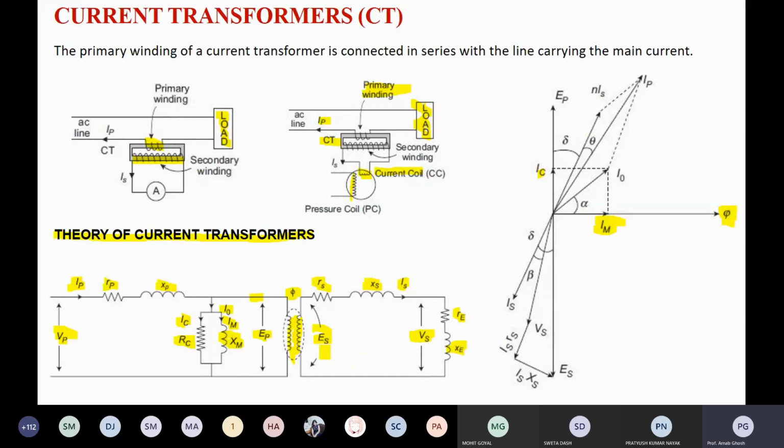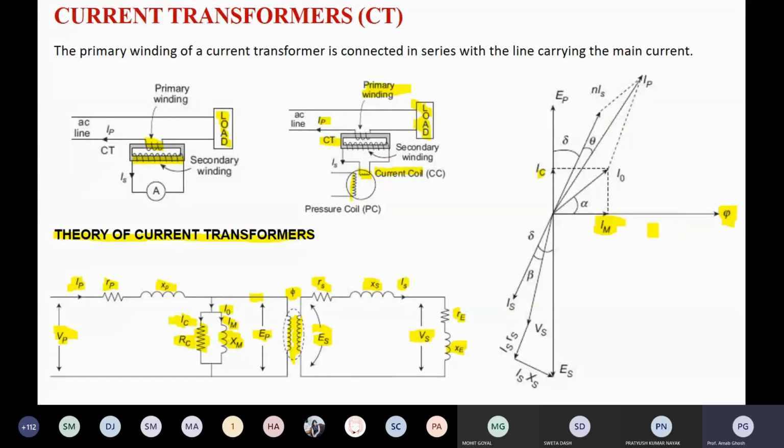If IM is in phase with your phi, so all of you please mute your microphone. Then definitely IC will be 90 degrees leading with your IM. That's why IC is on your positive y axis and IM on your x axis.